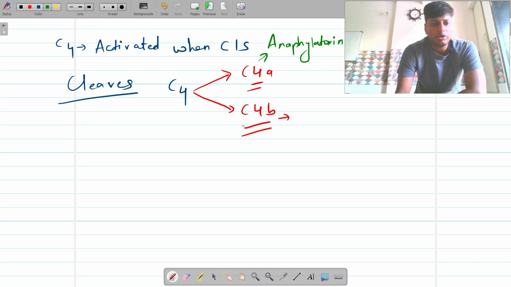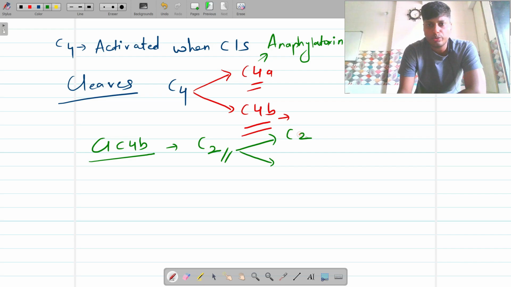Whereas C4b, now what is C4b going to do? Now as soon as the C1 has bound to C4b, the C2 molecule becomes susceptible and it breaks into C2a and C2b.